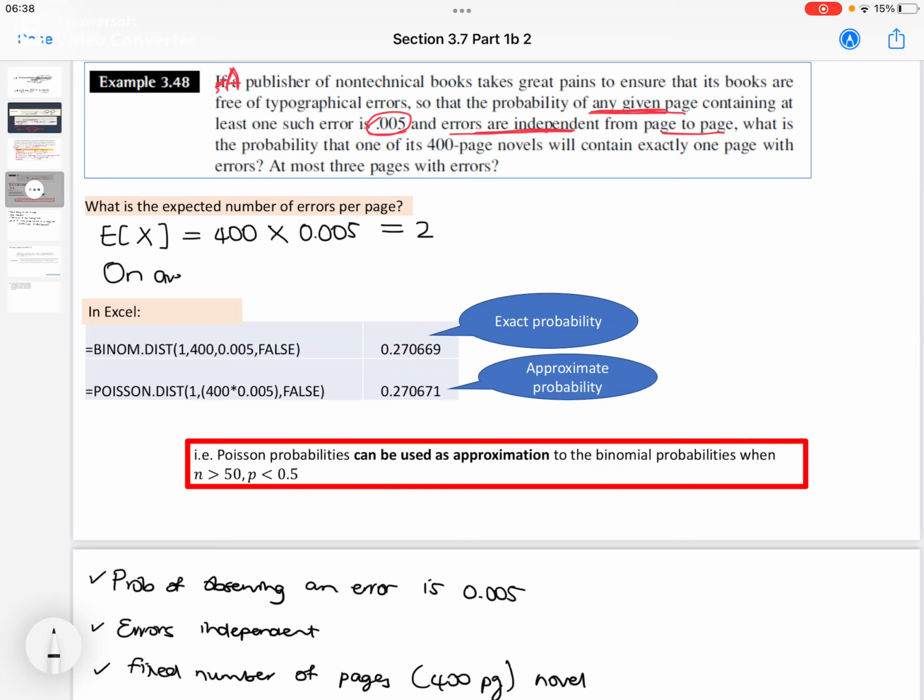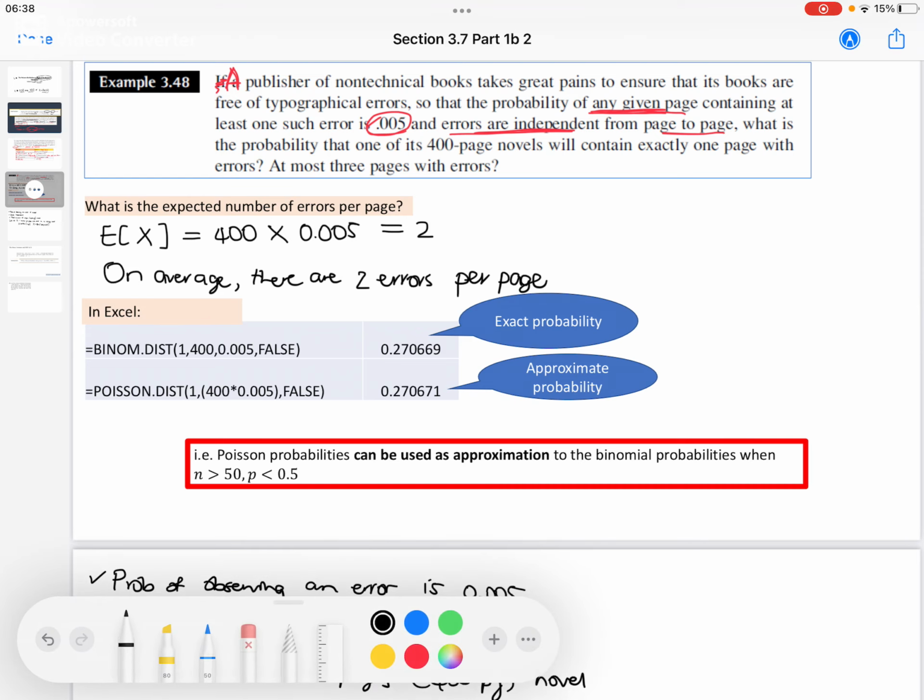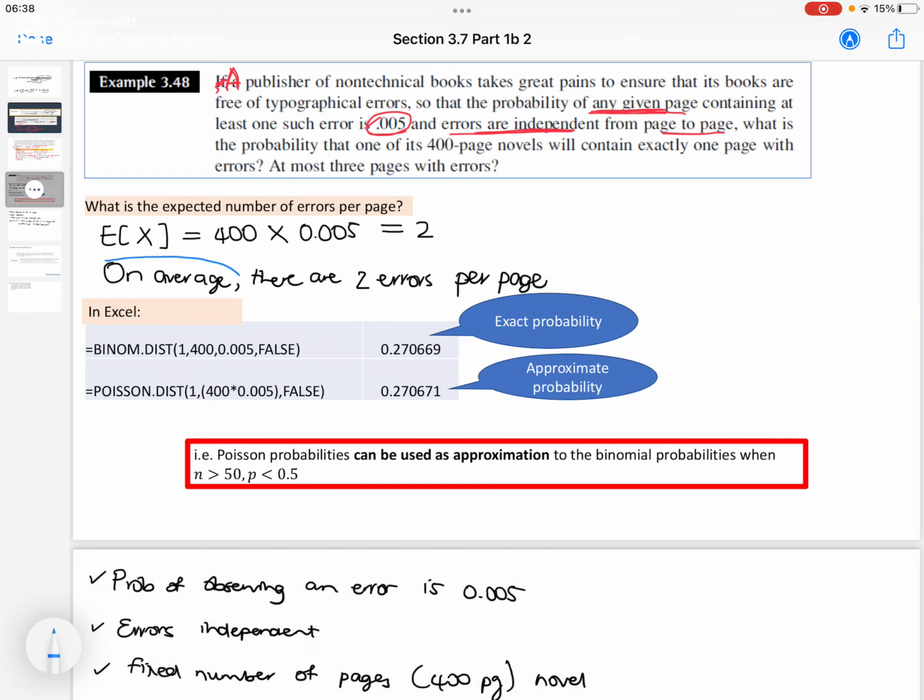What does this mean? It means that on average, we can expect 2 errors per page. Remember in the first part of the video, we looked at examples with the keywords on average and per something. Here the unit we're looking at is a page, so per page, we're expecting 2 errors, or on average there are 2 errors per page.